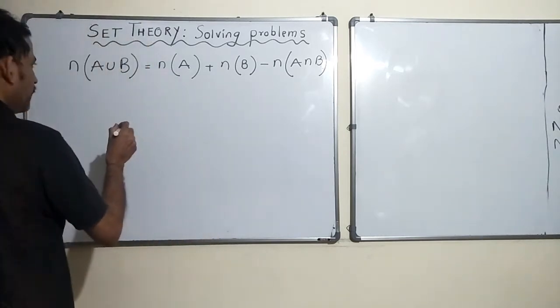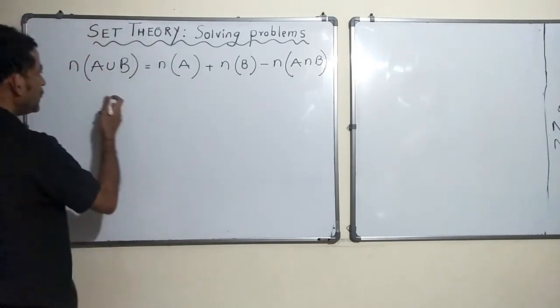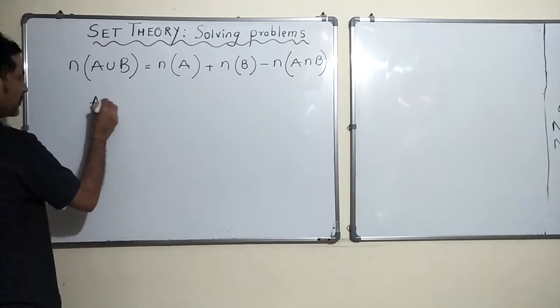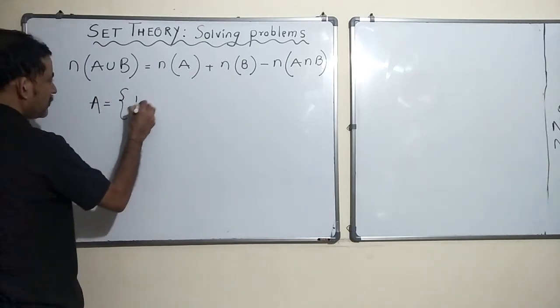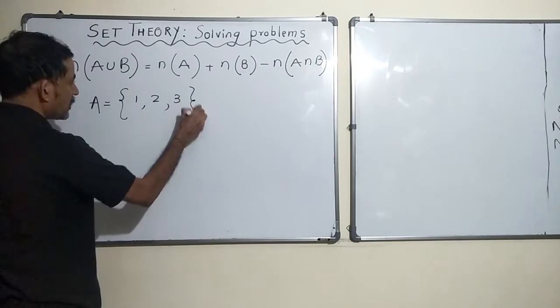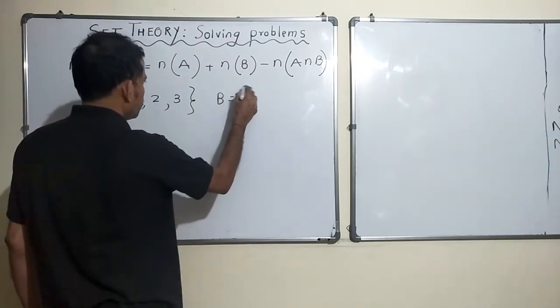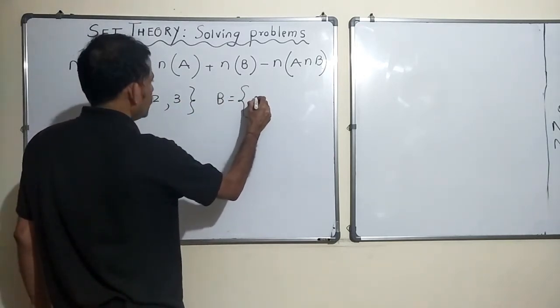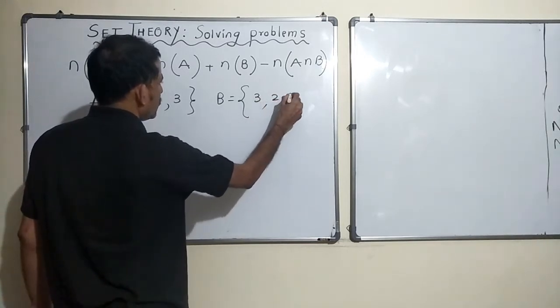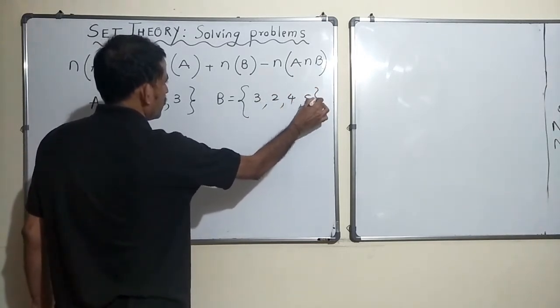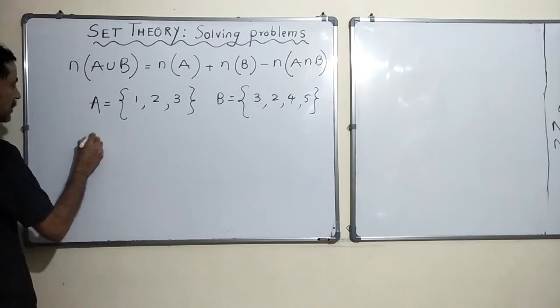Let's see if we can understand this by taking an example. Say A is a set with 3 elements, and B is another set with 4 elements. So what is A union B?